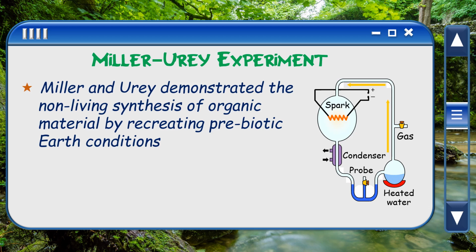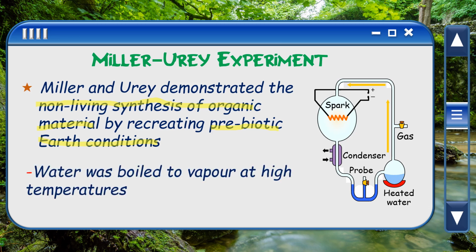So here, what Miller and Urey were trying to prove was that they can create organic materials by providing conditions which were thought to have no life-supporting conditions, the prebiotic earth conditions, to show how the cells would have come up.